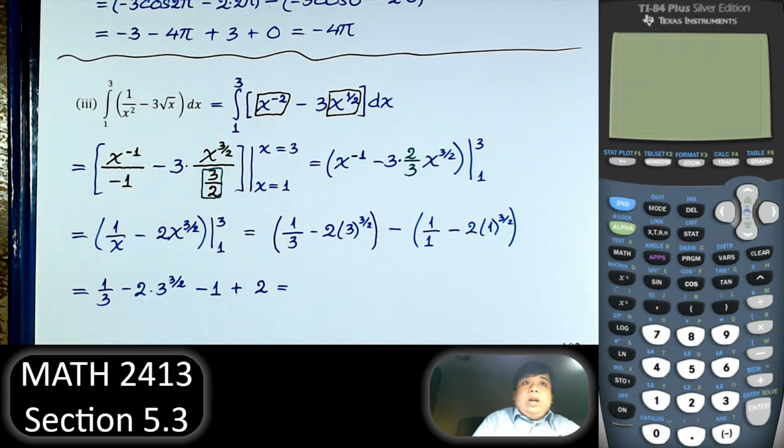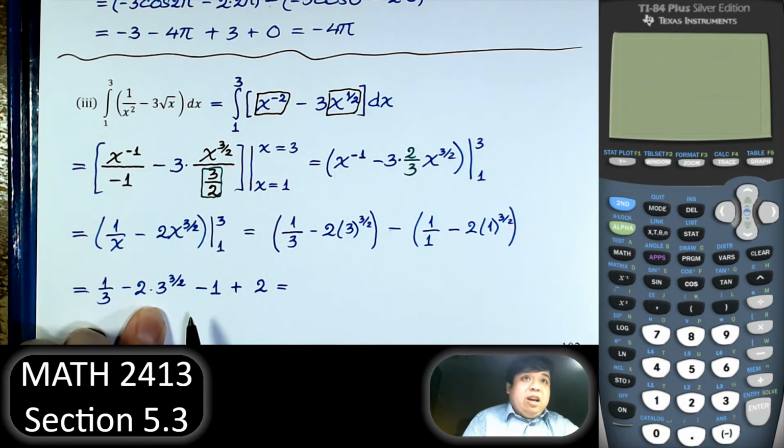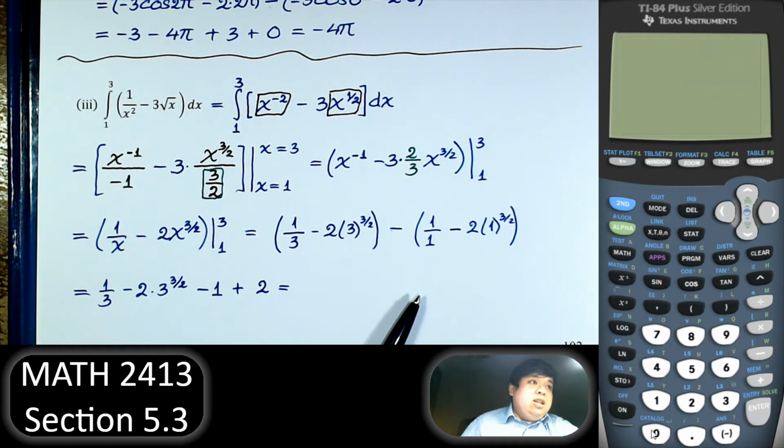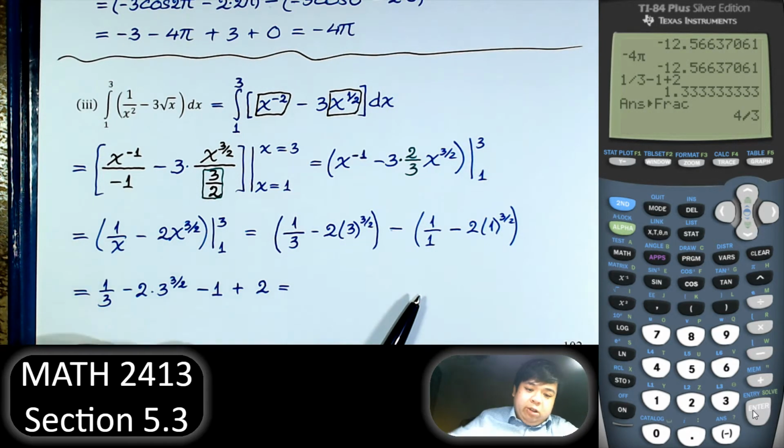So we can pretty much do everything except for 3 to the 3/2. We're just going to leave it like that. So 1/3 minus 1 plus 2. Let's simplify that. 1/3 minus 1 plus 2. Change that to a fraction of 4 over 3.